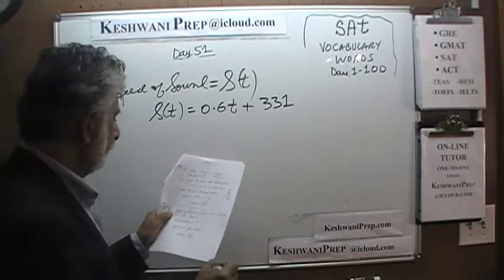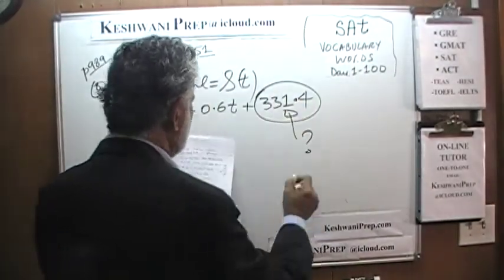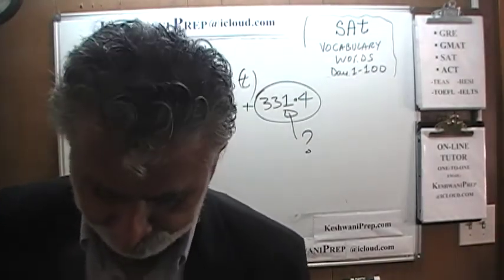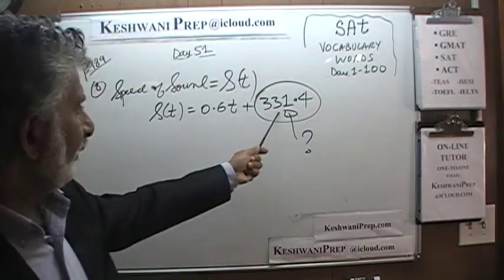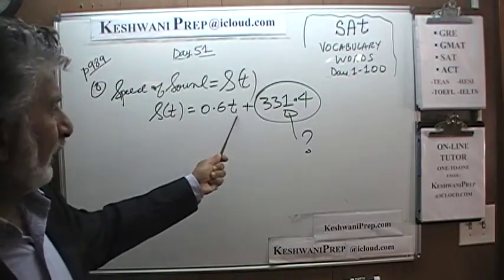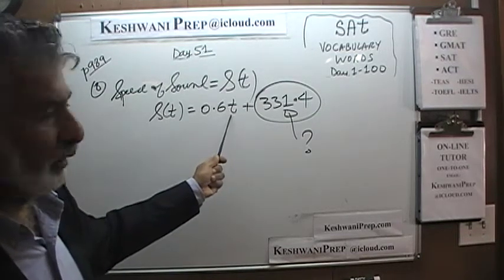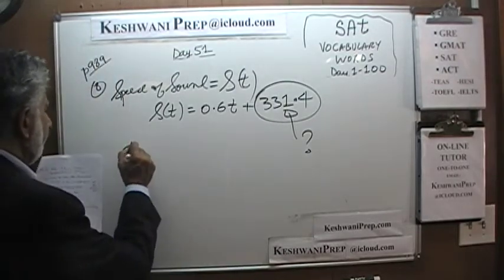The question is, what is the interpretation of this intercept 331.4? Well, obviously that's going to be the speed when T is 0. When temperature is 0, this thing drops out, and the speed of sound at 0 degrees centigrade is this thing. That's what it is. The answer is E.